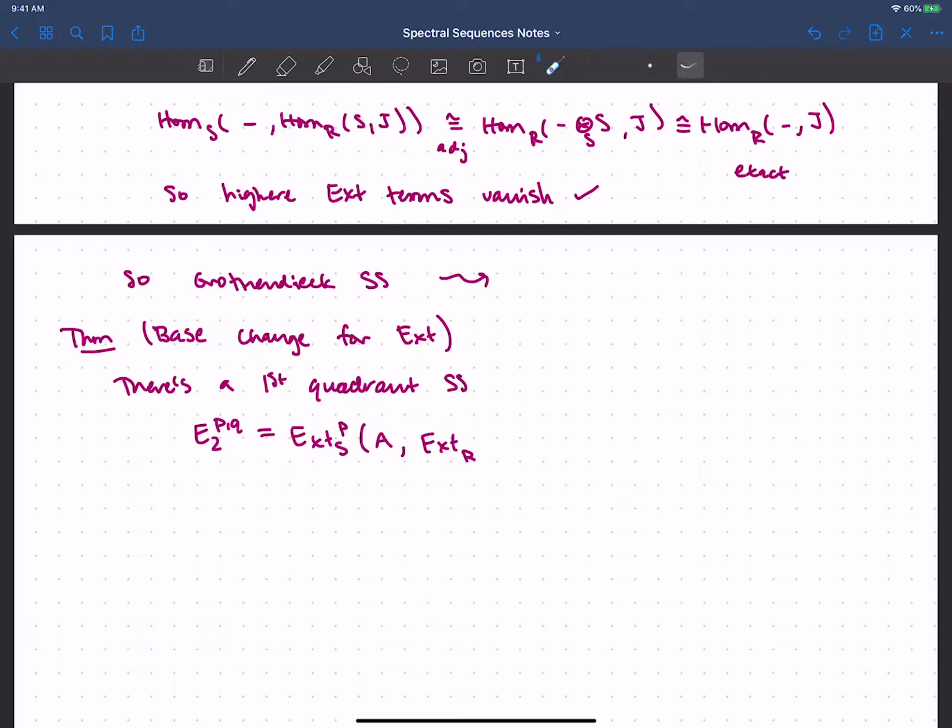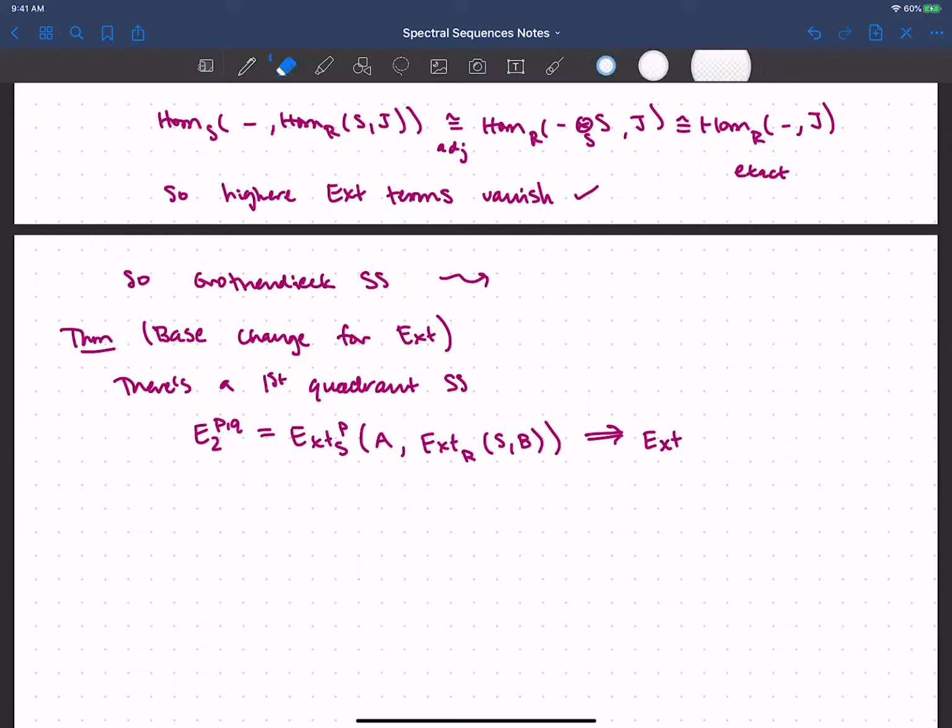Maybe since things are off the page, it's helpful to look here, right? So this is supposed to be the right derived functors of G composed with the right derived functors of F applied to my thing. Now I don't want to assume that it's injective, so let me just call that thing B. Okay, and then this should converge to the composition.